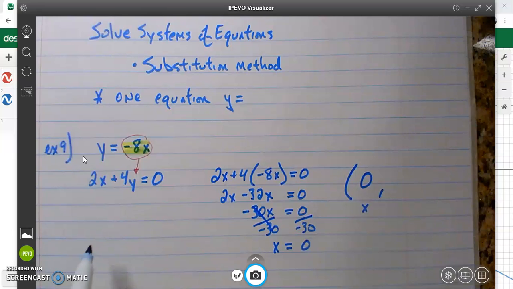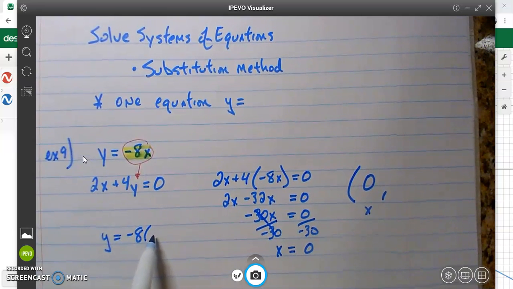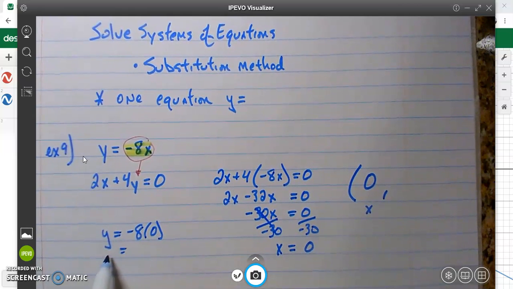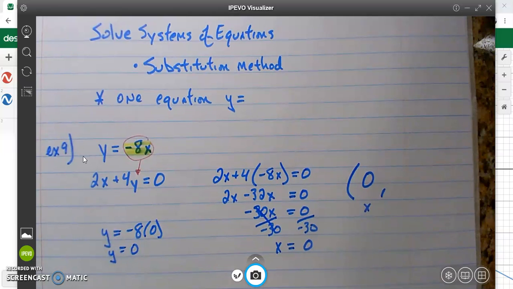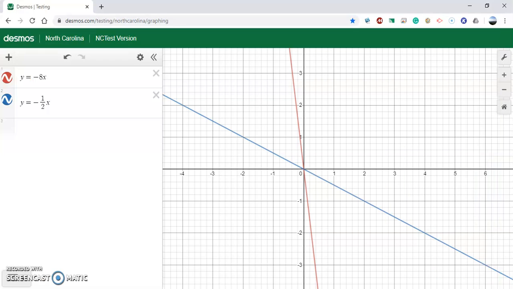So I'm going to plug that into the top equation, y equals negative 8 times 0. And of course I know negative 8 times 0 is in fact 0. So in this case I ended up getting a 0 for both my x and my y. And there's nothing wrong with that, because if I graph these on Desmos, I will see that it does indeed cross at 0, 0.